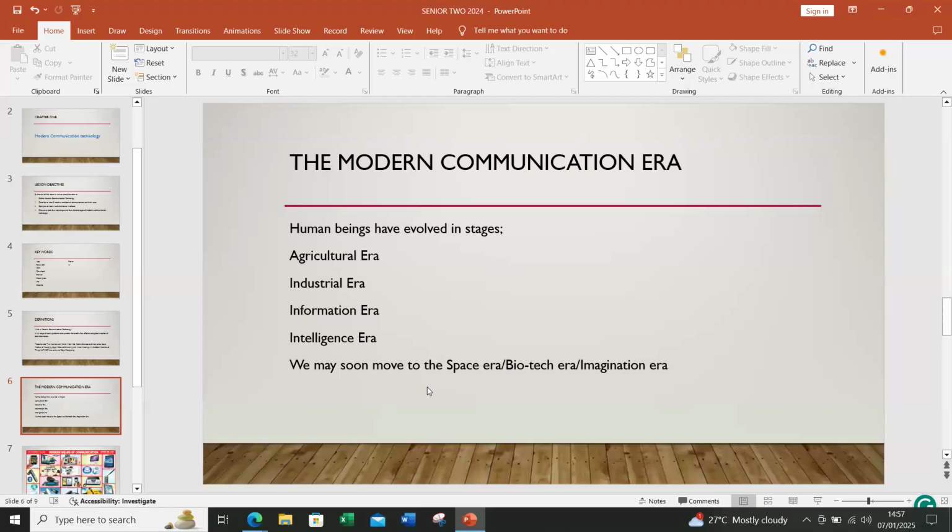This era is characterized by the application of biological sciences and modern technologies like genetics.